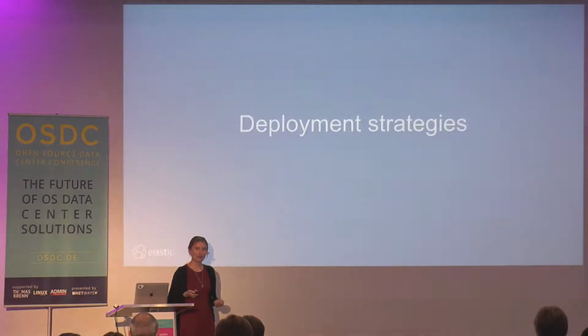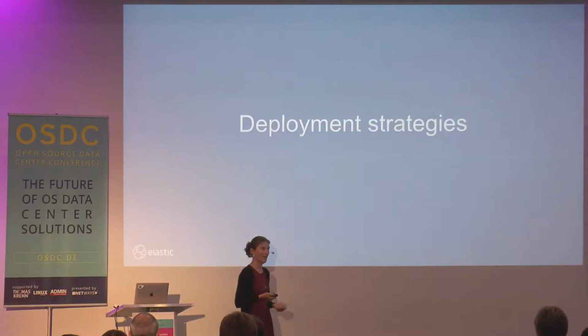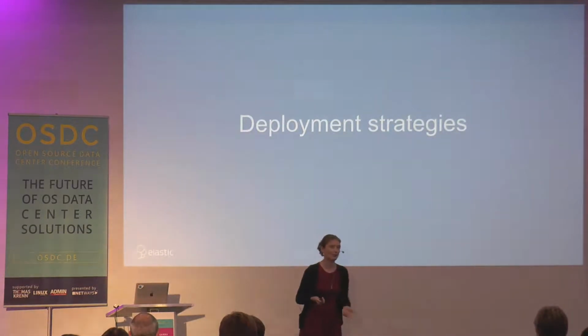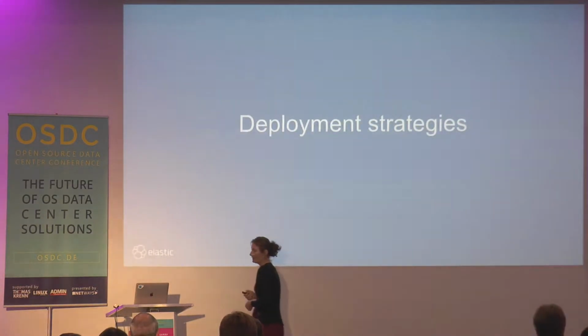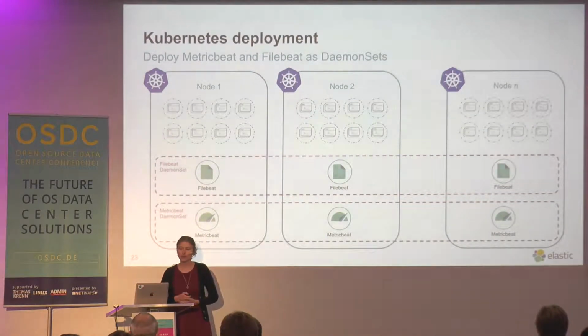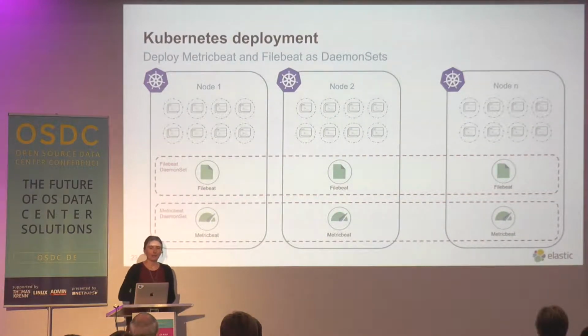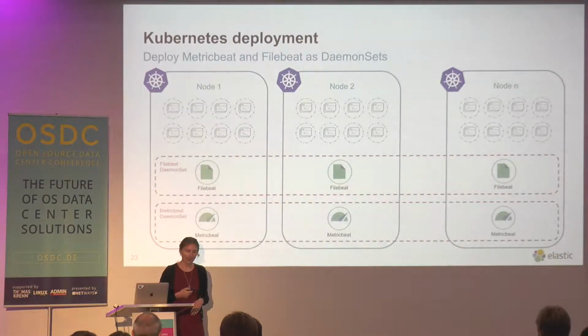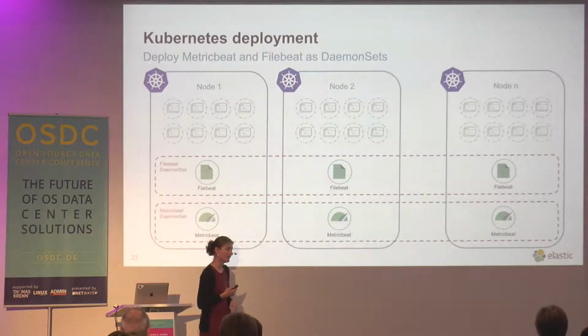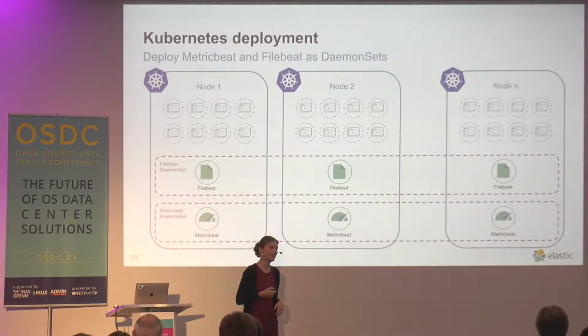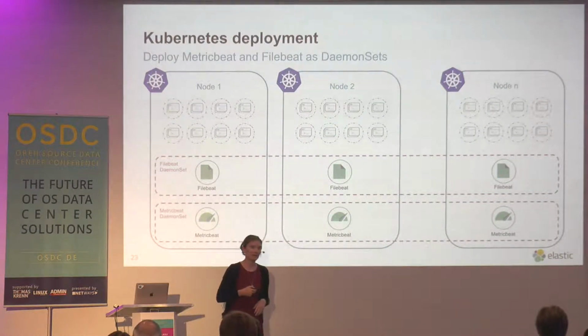Now let's talk a bit about how to deploy Filebeat and Metricbeat in order to monitor your Kubernetes. You can deploy Metricbeat and Filebeat as daemon sets that make sure you have a single Filebeat and a single Metricbeat running on each node.